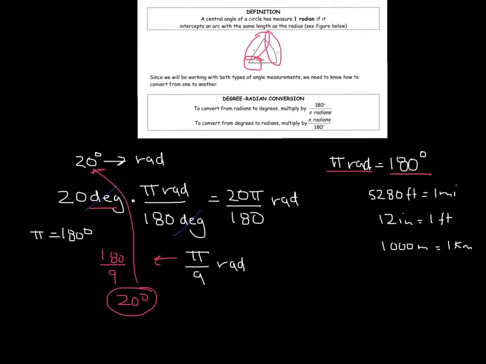All right, so we're going to do a couple examples now in the notes. All right, so these two examples should be pretty simple, as long as we keep in mind that, once again, pi radians is equal to 180 degrees.